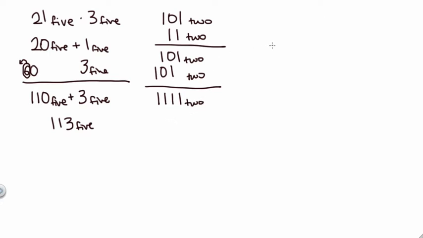Okay, and then let's do a division. So let's say we have 3241 in base 5, and say we have 43 in base 5. I'm going to do it a little bit differently from if you read the textbook.